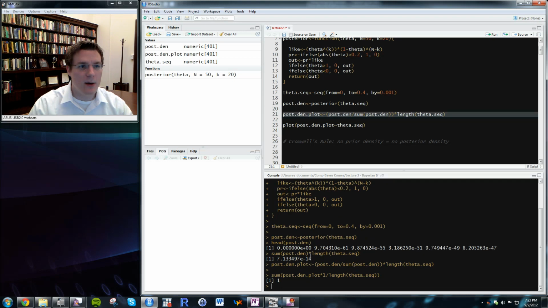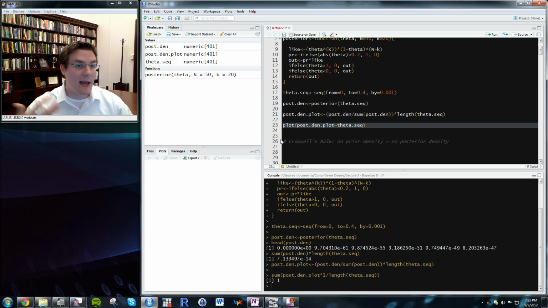That should sum to 1, and it does. This is a proper posterior density. If I integrate under it, it sums to 1. So this is why I can neglect all those constants in the posterior density. I can fix that all once I've constructed them, and I don't even really have to know how to fix them. All I need to know is a posterior should integrate to 1, so I just force it to integrate to 1.